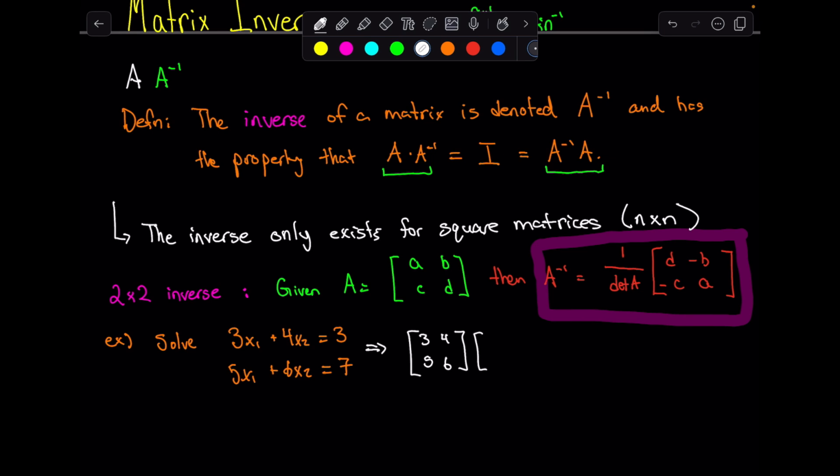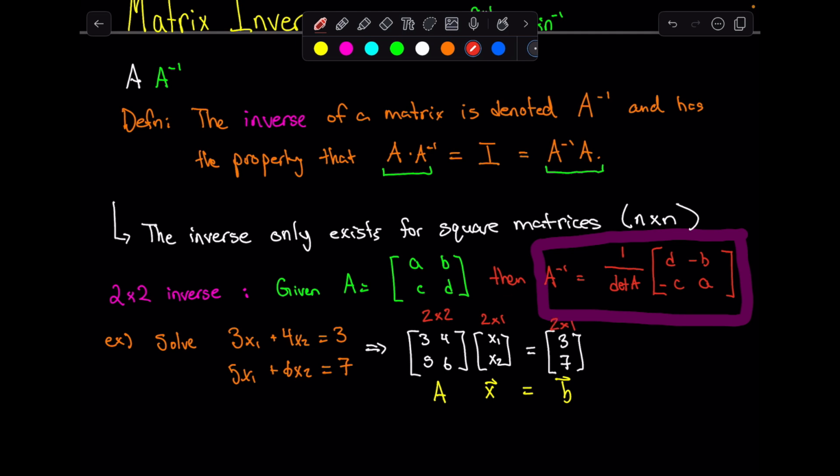We have our x1, x2 here. And on the right side, of course, we have our 3 and our 7 vector. And remember that in this matrix equation form, this is A, this is the vector x, and this is our solution vector B. So this is a 2 by 2, this is a 2 by 1, this is a 2 by 1.